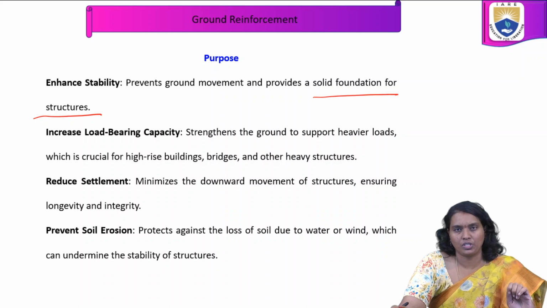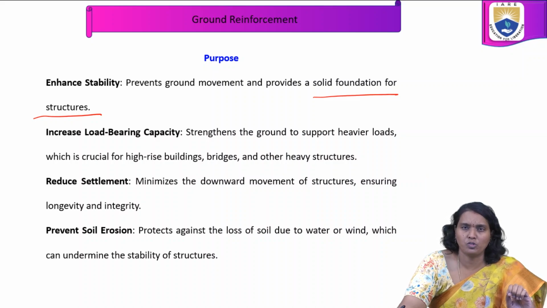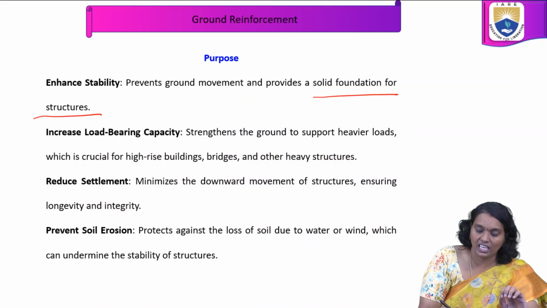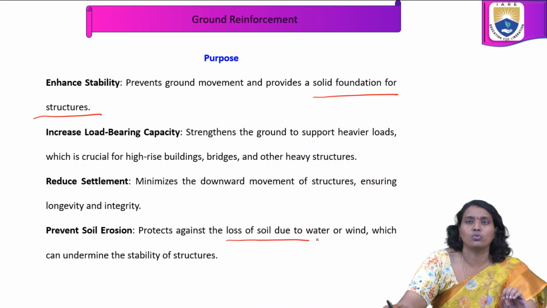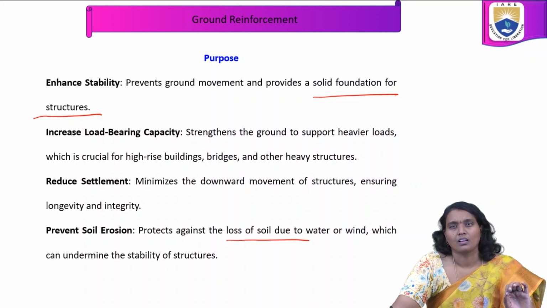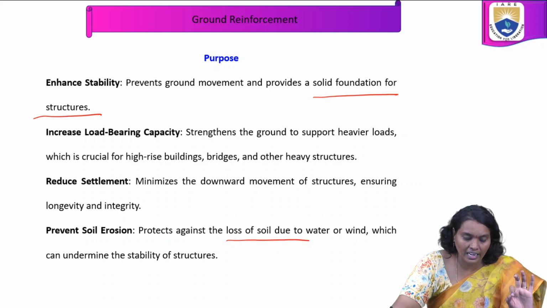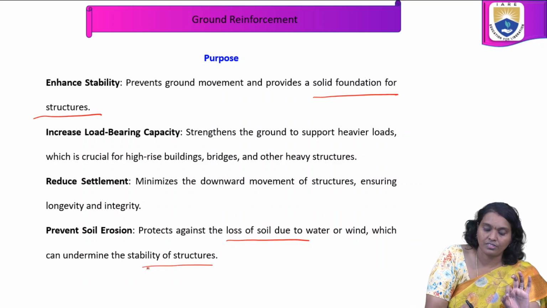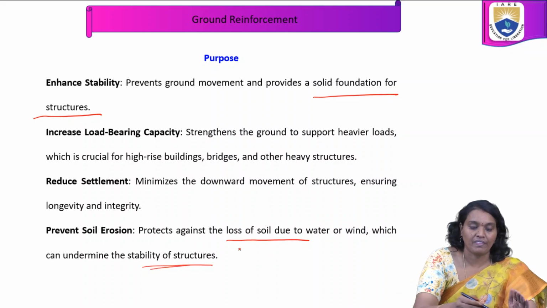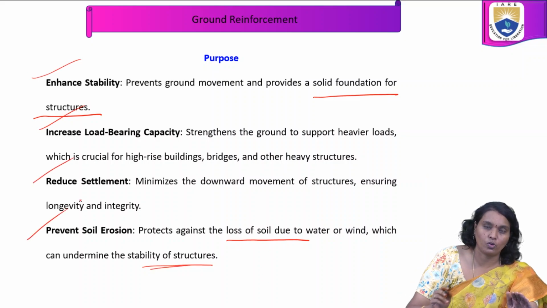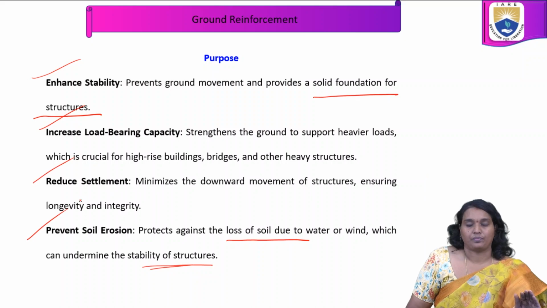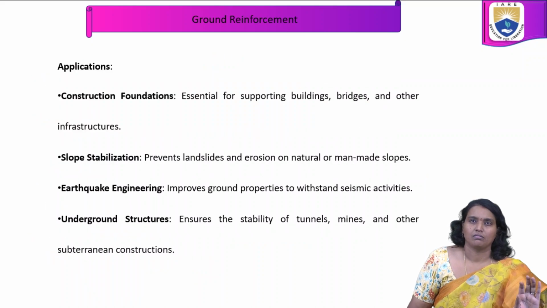Preventing soil erosion: ground reinforcement protects against the loss of soil due to water or wind, which can undermine the stability of structures. So these are the various purposes of on-site ground reinforcement.